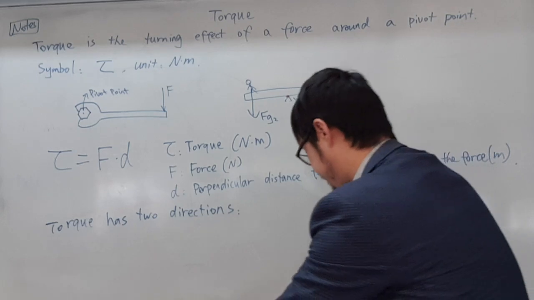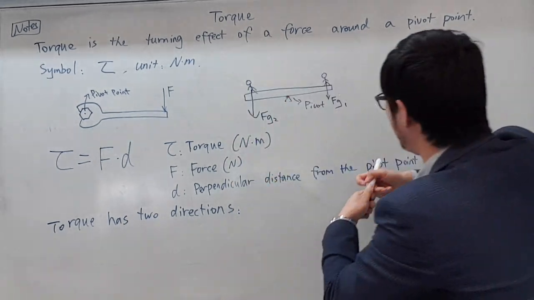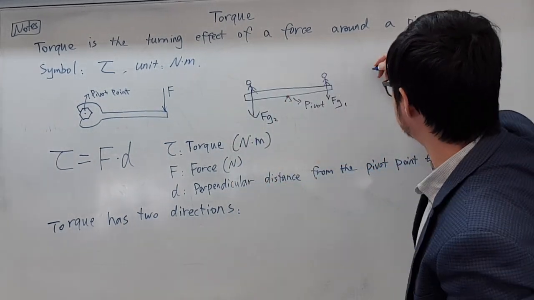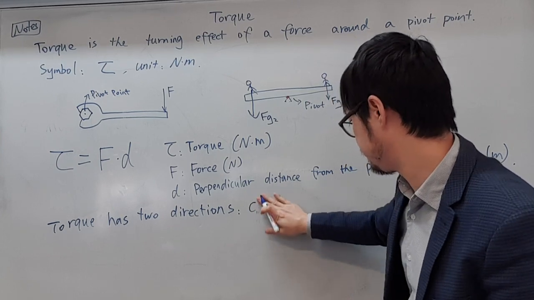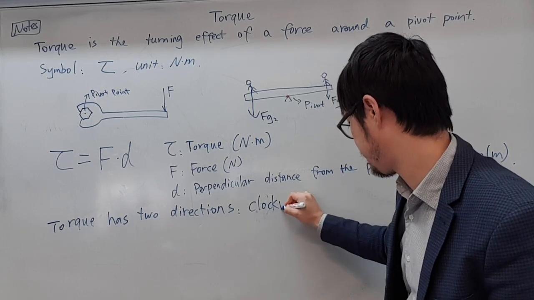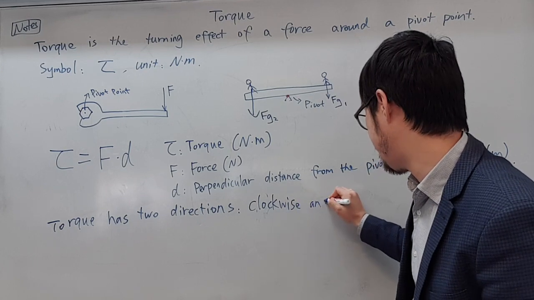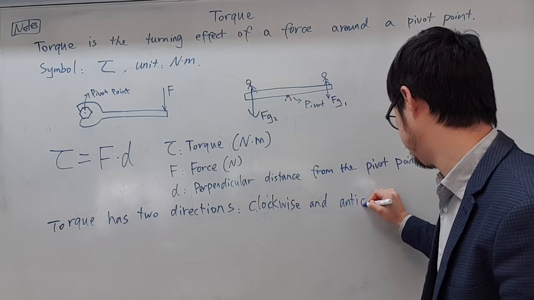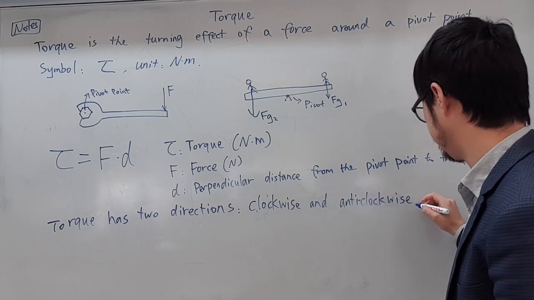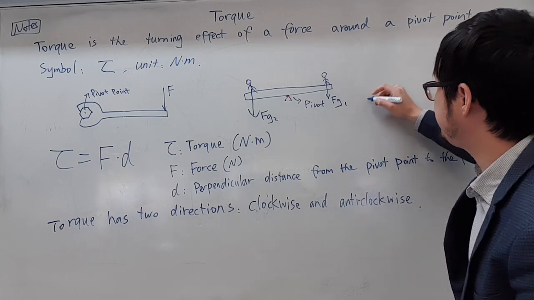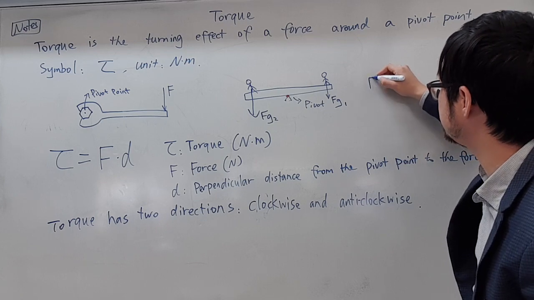So this one, FG1, will have a clockwise torque. I'll first say here is clockwise, and anti-clockwise.